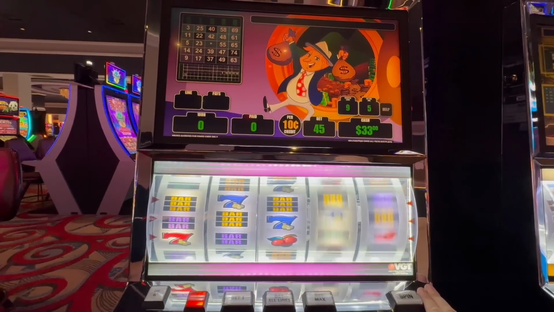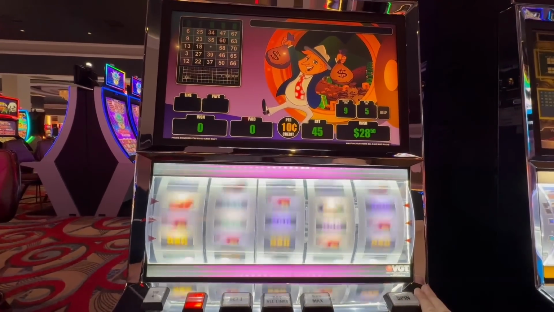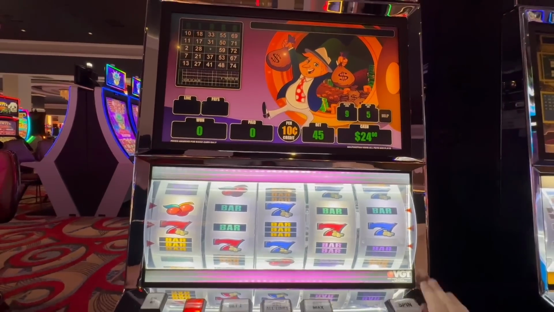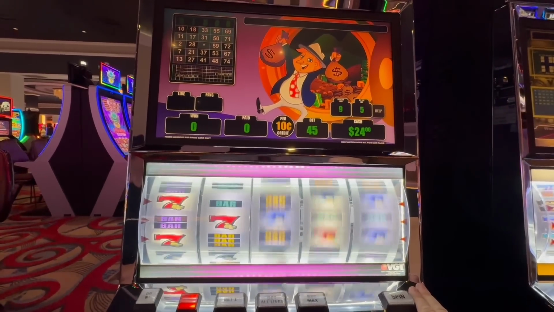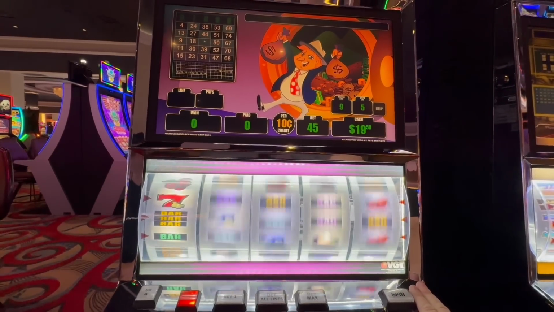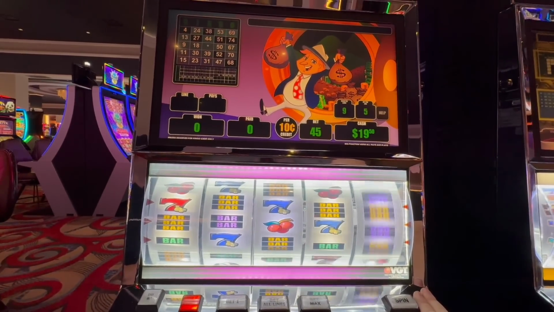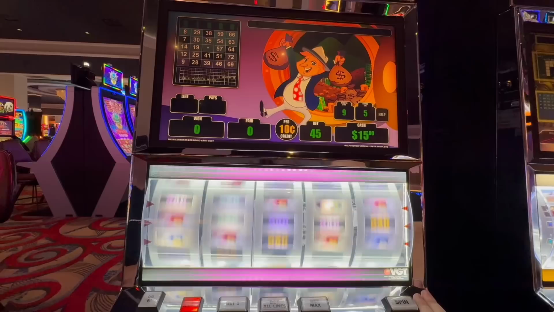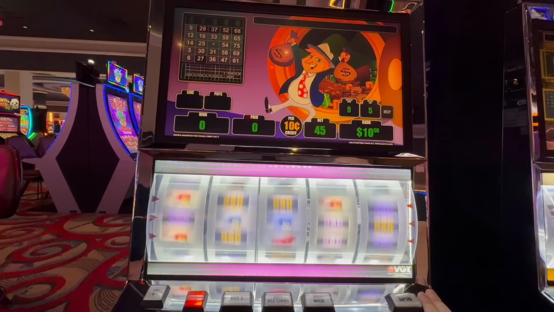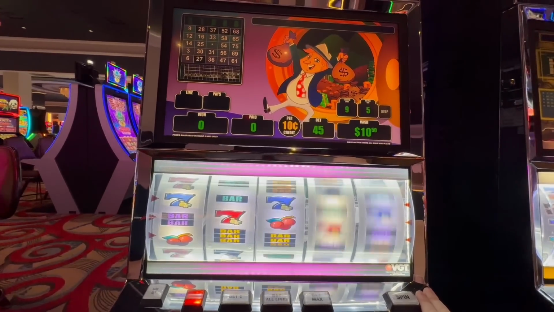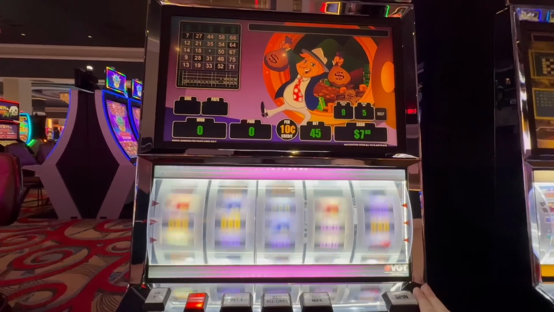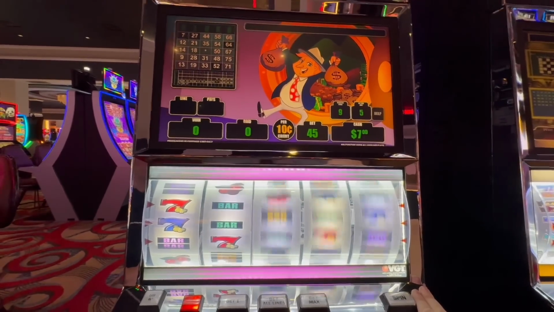Okay, decent looking card. And nope, couldn't connect. All right, a couple more spins here. Let's see if we can get something to save us. And we just got eyes again. This one's not being nice to us today.